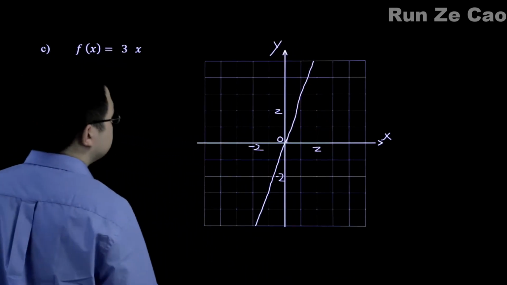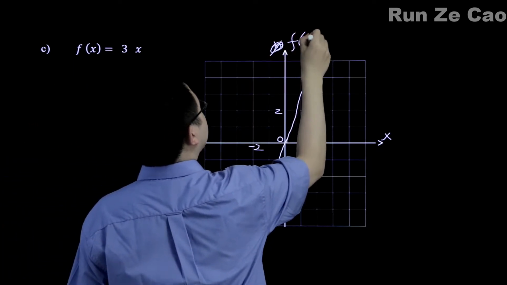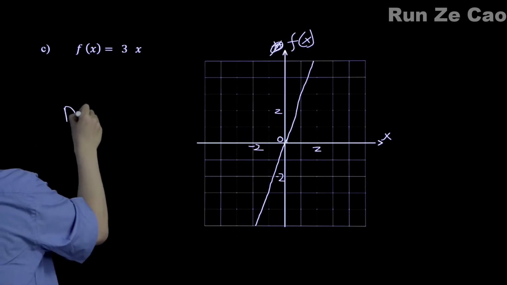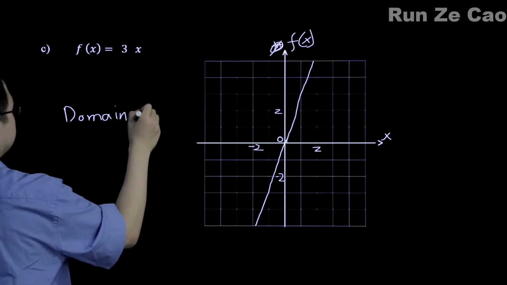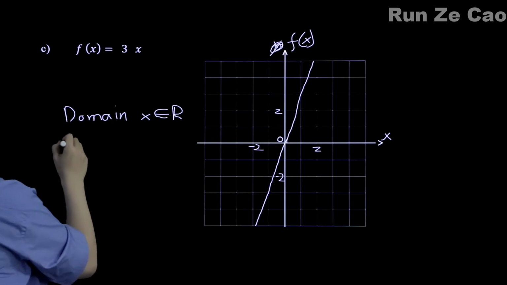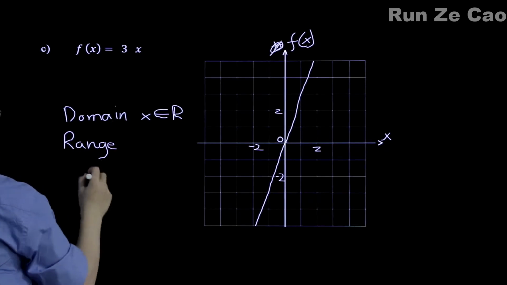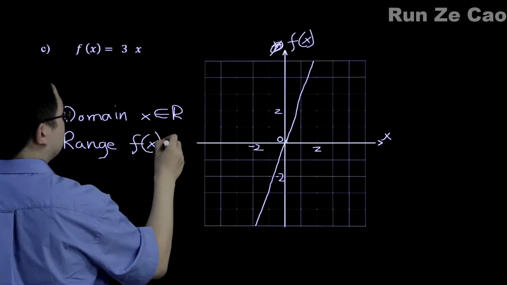So, yes, this is not supposed to be y, this is f of x. Domain is once again the real numbers. And range, f of x is an element of the real numbers.